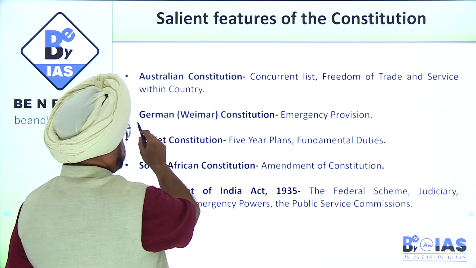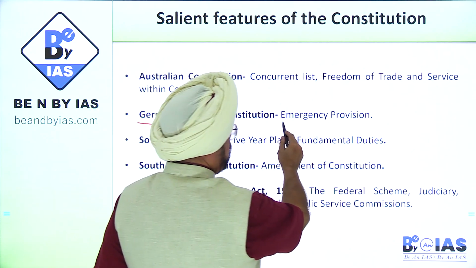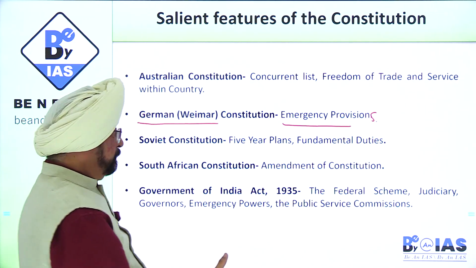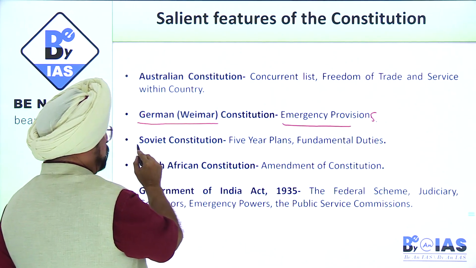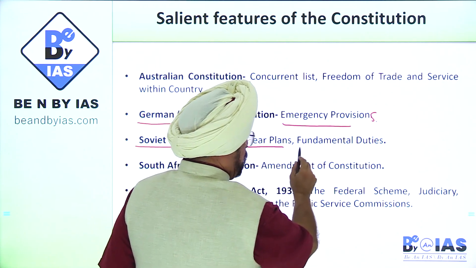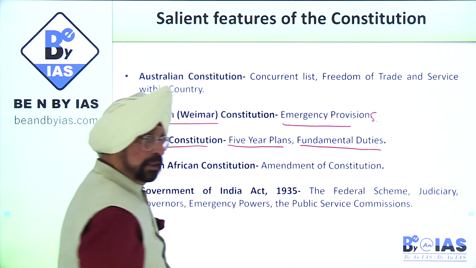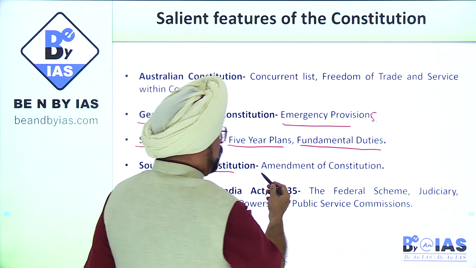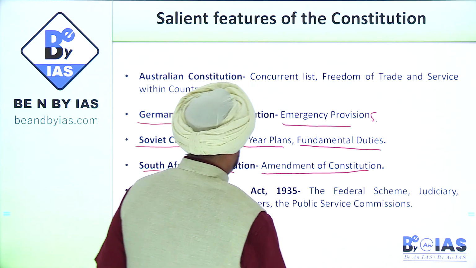From the German Constitution, we have the emergency provisions. We'll study them. From the Soviet Constitution, we have the 5-year plans and the fundamental duties. From the South African Constitution, the amendment of the Constitution.